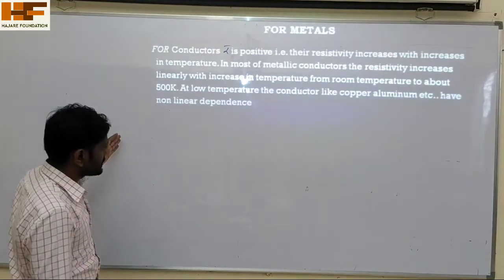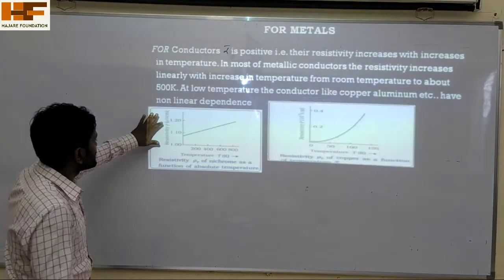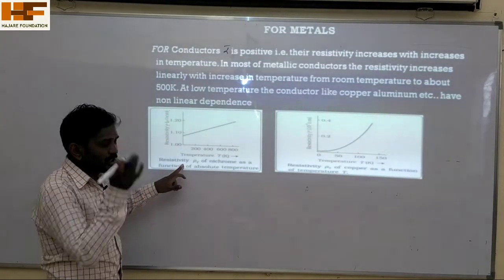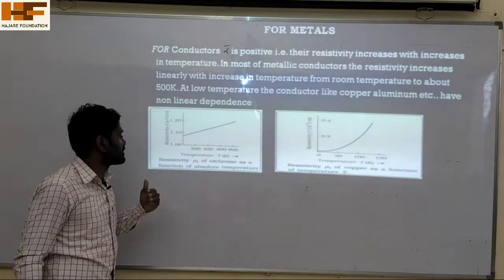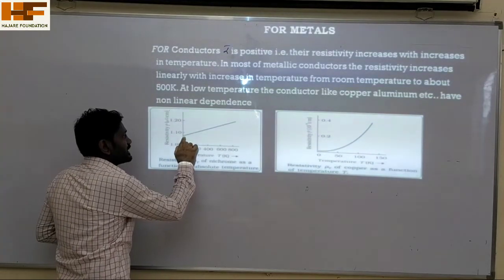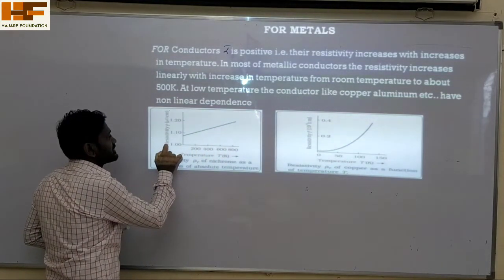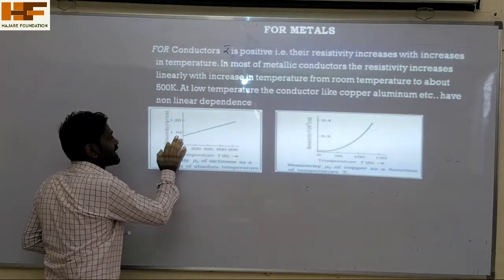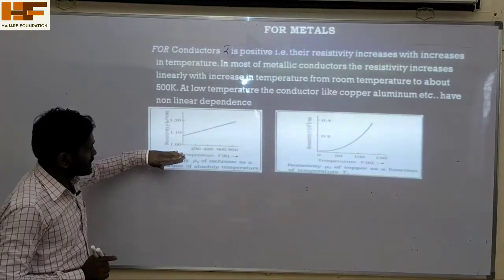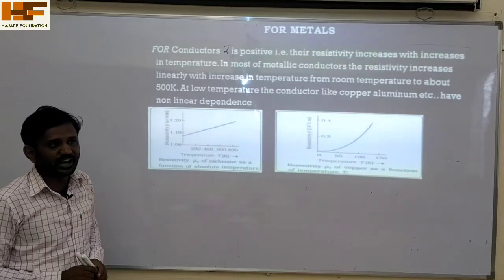Graphically we show the variation of resistivity with temperature. First, this is the variation of resistivity with the temperature for alloys such as nichrome, constantan, and manganin wires. For those, it behaves linearly. When the temperature increases, the resistivity of the conductor also increases, linearly from room temperature up to 500 Kelvin.